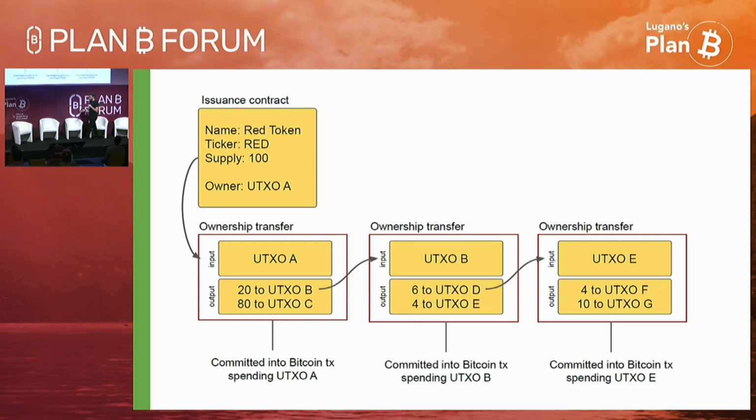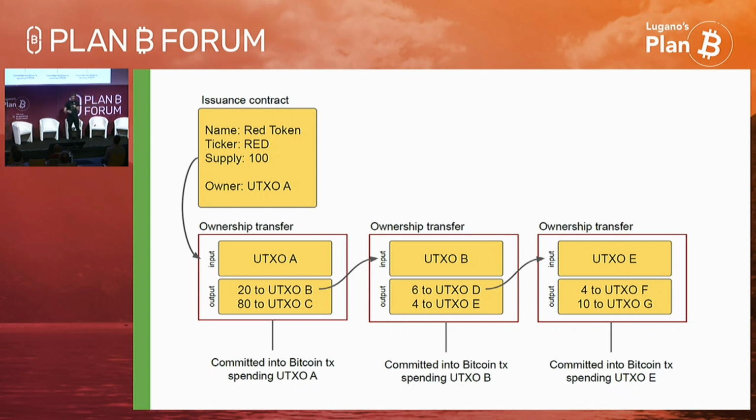And how do you prove ownership? You spend it. When you want to move your token, you need to create a Bitcoin transaction that spends the UTXO that had the asset allocation, in this case UTXO A. And you say where you want these tokens to go.